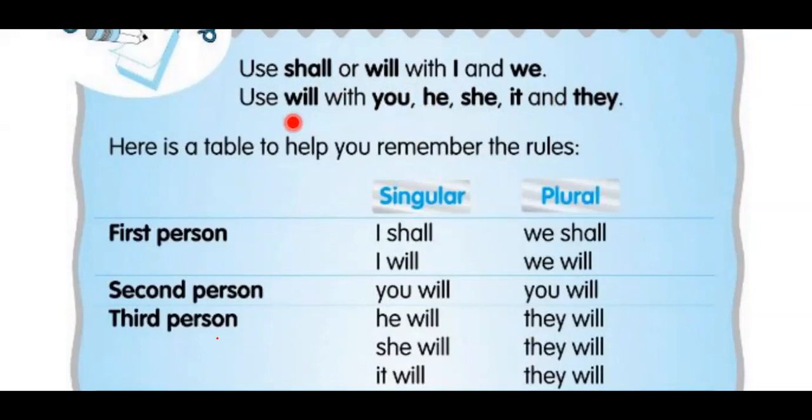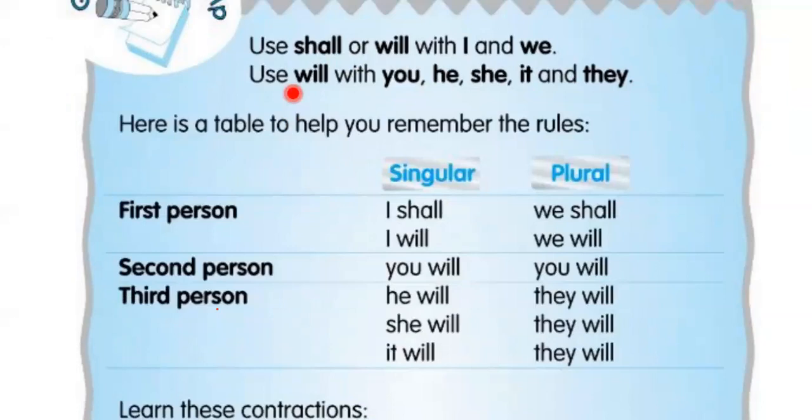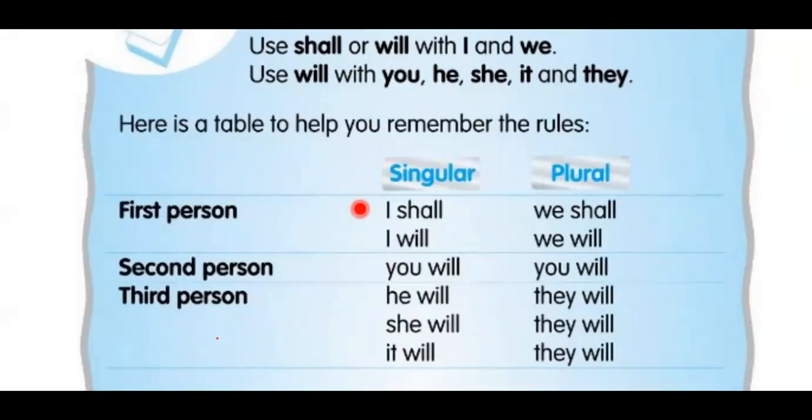Yes, you have to memorize this. Then only we will understand. So see over here, for first person, I shall, and plural we shall. And then I will, we will. So from this, have you understood? With I and we, we can use both helping verbs, shall be and will be. But see over here, these are exceptions.